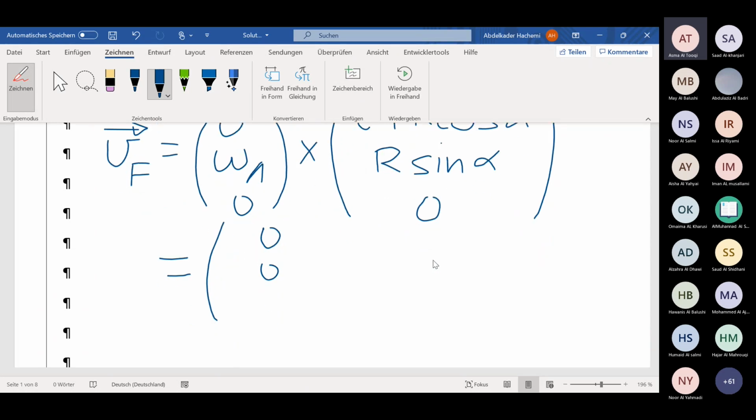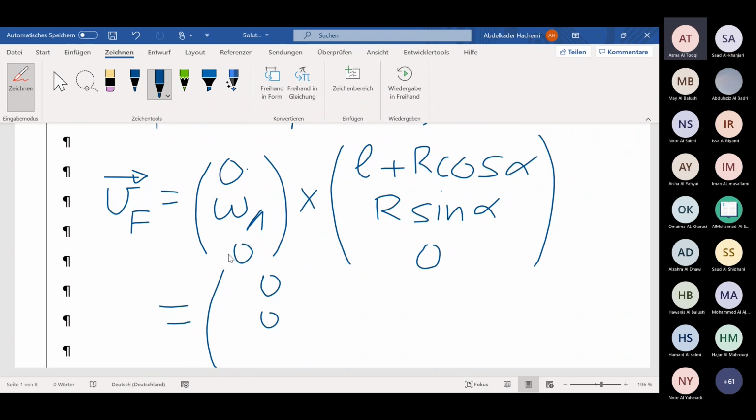Now, to calculate the third component, I neglect the third column, and I have 0 multiplied by R sine alpha minus omega 1 multiplied by L plus R cosine alpha.